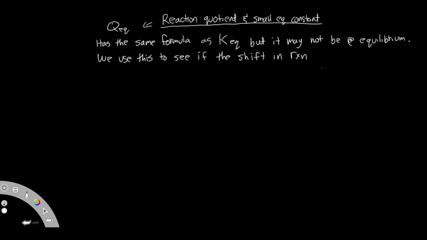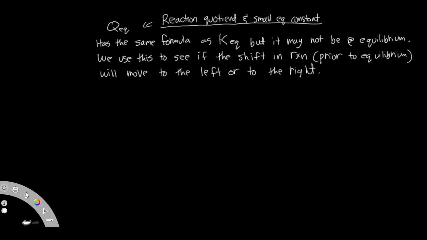So I'll just put Rx in for reaction, to see if the shift in the reaction prior to equilibrium will move to the left or to the right. So whether it's going to go towards the reactant or the product side.